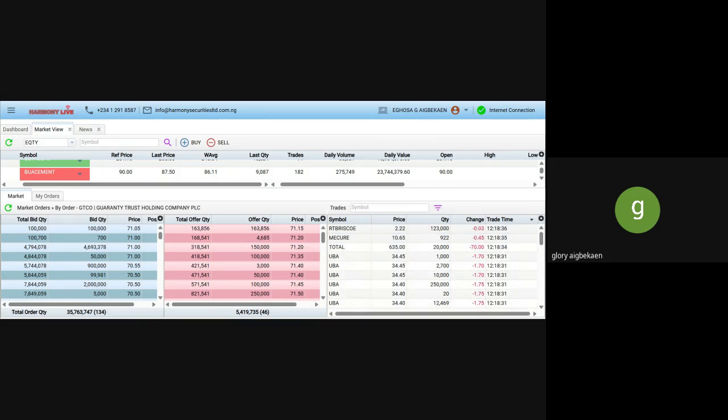Like now, first, the banking stocks have given us a very good opportunity this morning to buy. If somebody is still buying Access Bank at the current price, it's not wrong.